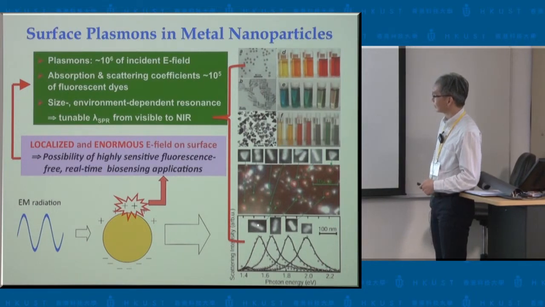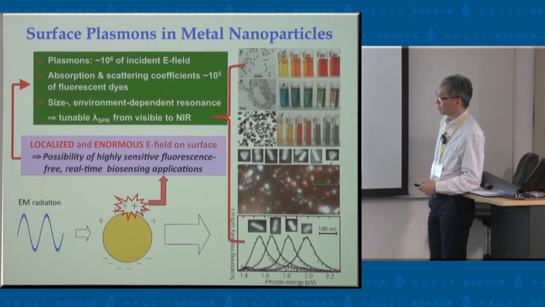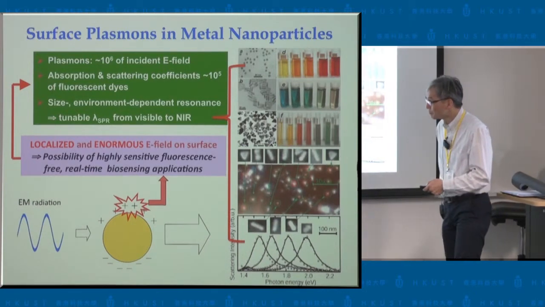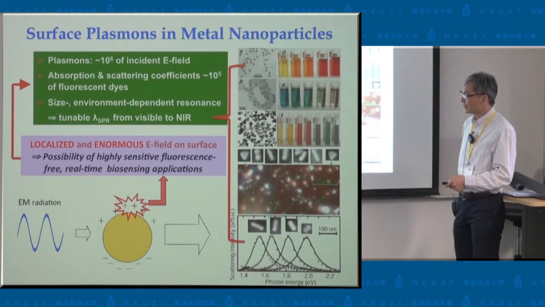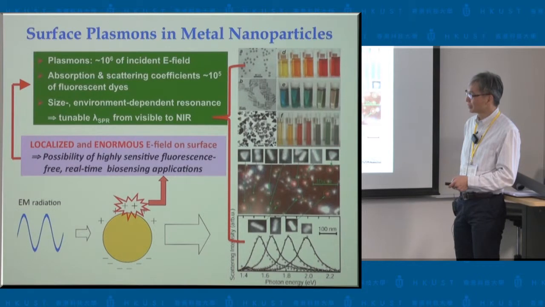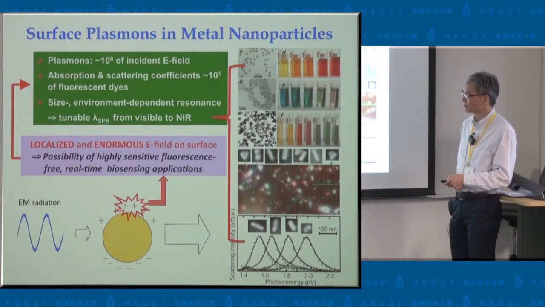These nanorods of different aspect ratios tend to resonate at different colors and therefore give you very colorful images. And in fact, the resonance depends very much on the size as well as the surrounding environment of the nanoparticles.